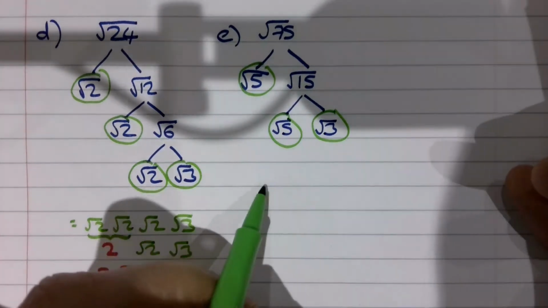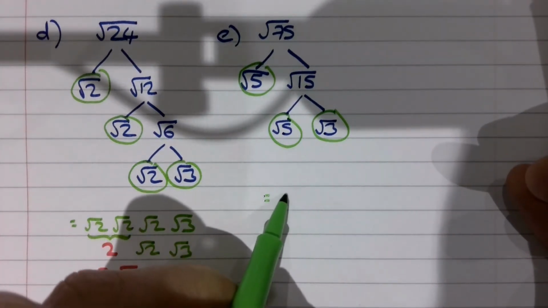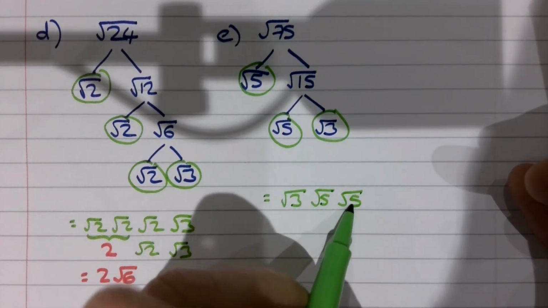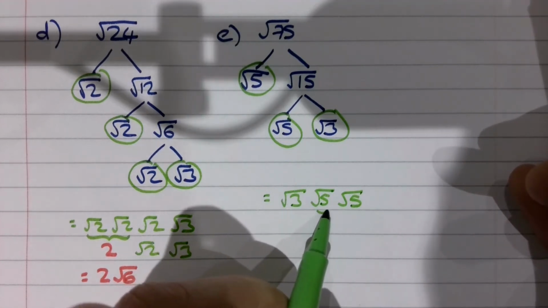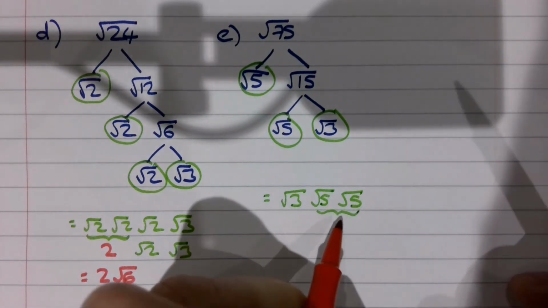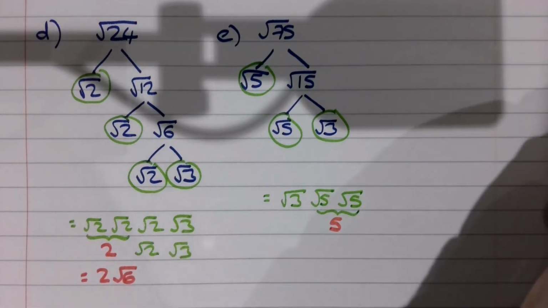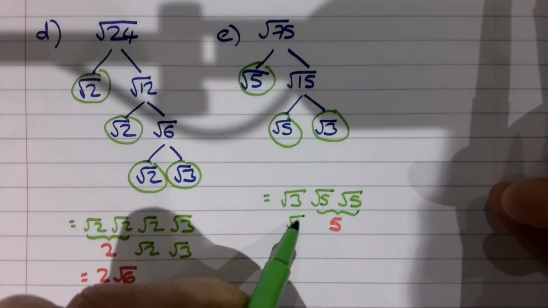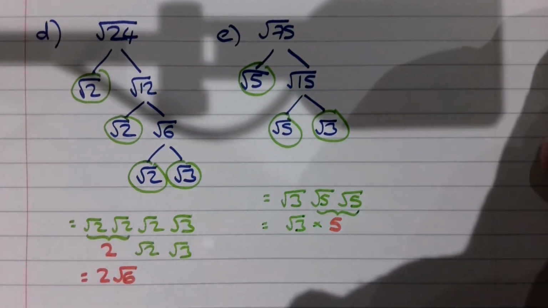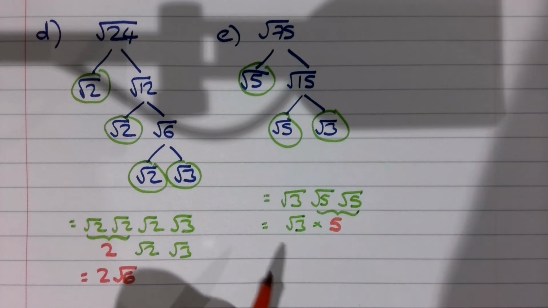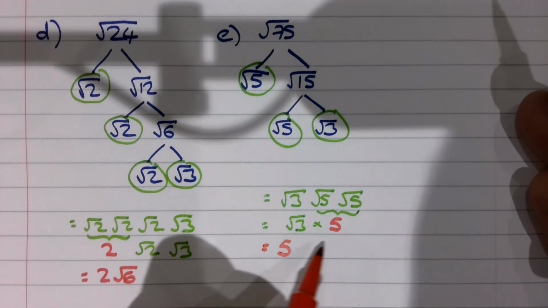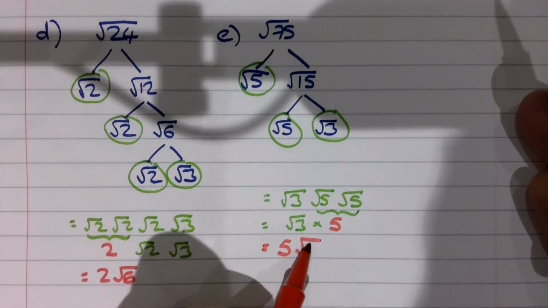So what we've got is root 3 times root 5 times root 5. Unlike before, the root 5 times root 5 is just going to give us the number 5. So it's root 3 times 5. But the rule for surds is that the whole numbers come before the root bit, so that's just a convention. So it's just going to be the same as 5 root 3. Okay.